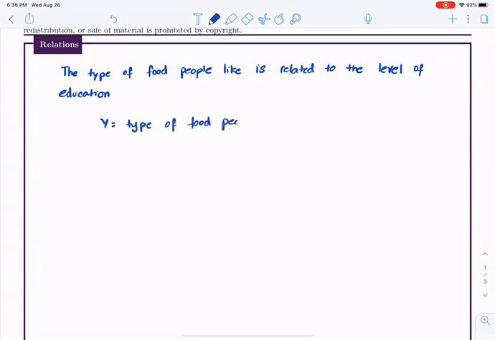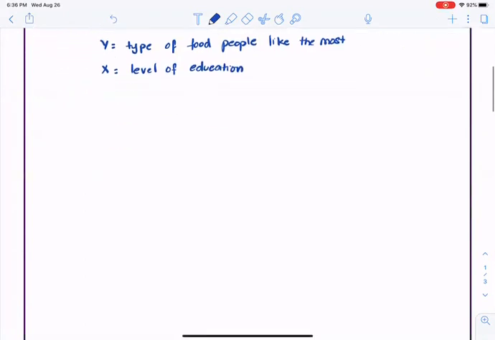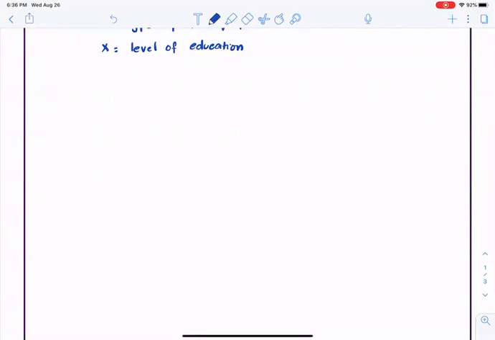people like the most. Let me just say like the most. And X would be the level of education. So I am going to define a few levels of education.